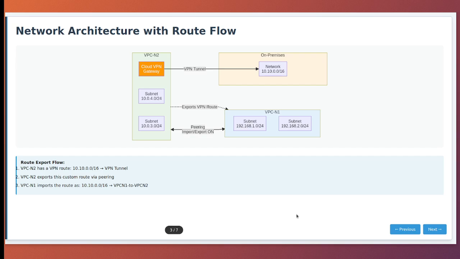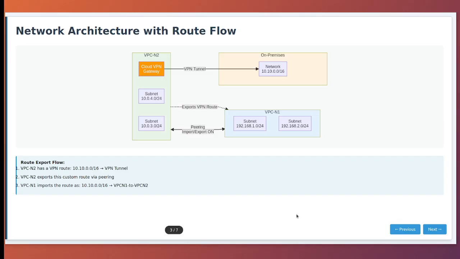The VPCs are connected via bidirectional peering. The peering connection from VPC N1's perspective is named VPC N1 to VPC N2, and from VPC N2's perspective, it's VPC N2 to VPC N1. These names are important because they appear as next hops in the route tables.